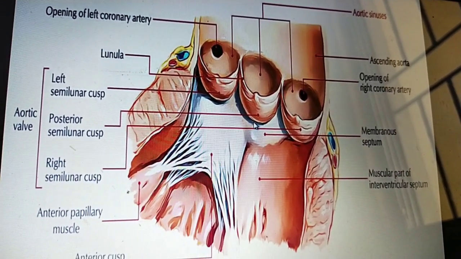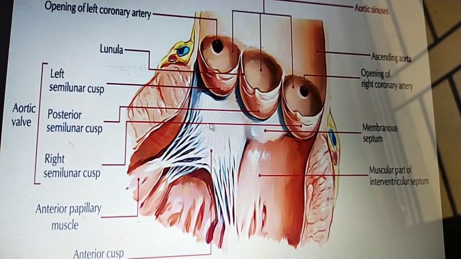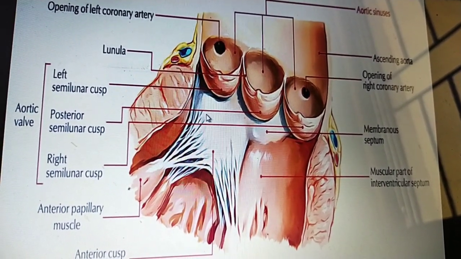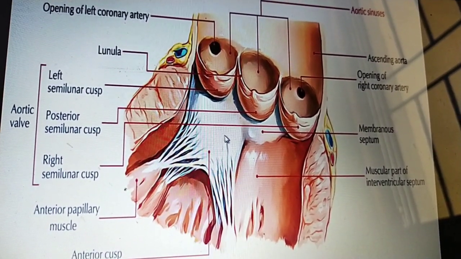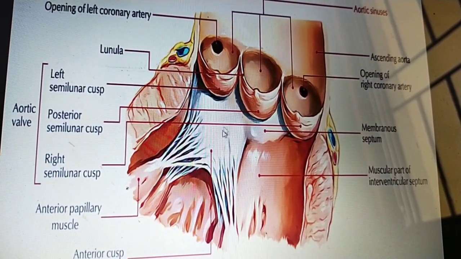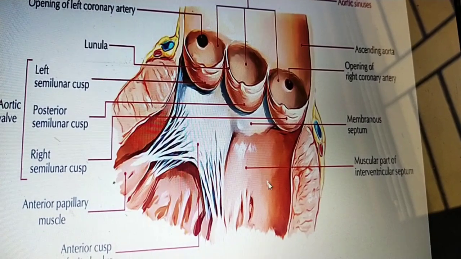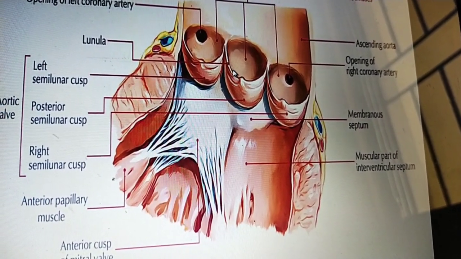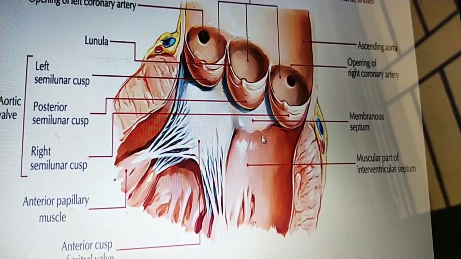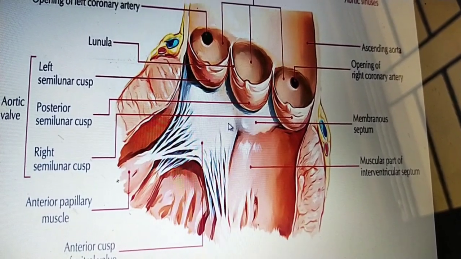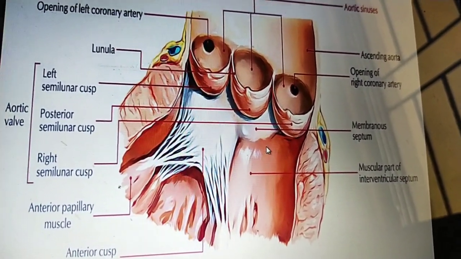Just below the annular ring there is a space in the ventricle that makes the tract between the ventricle and the aorta, or the ventricle and the pulmonary trunk. That is called the aortic vestibule.